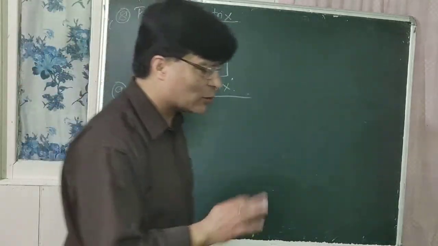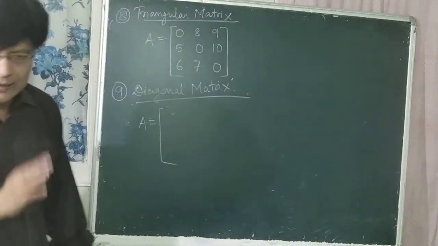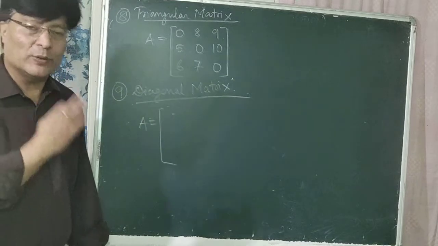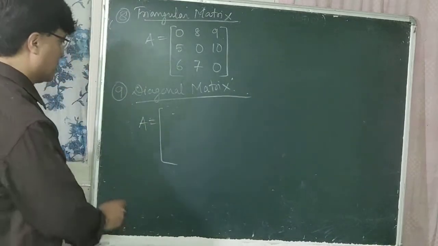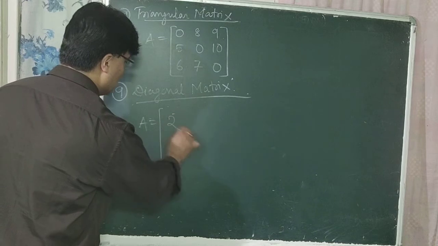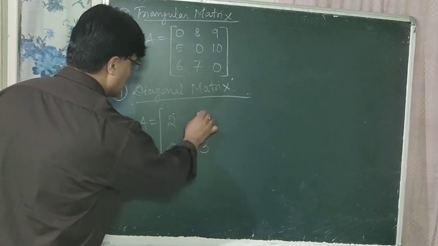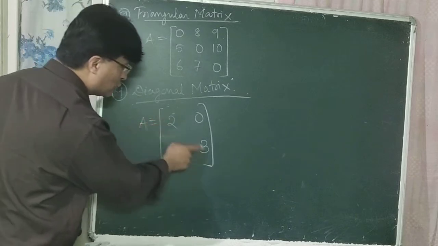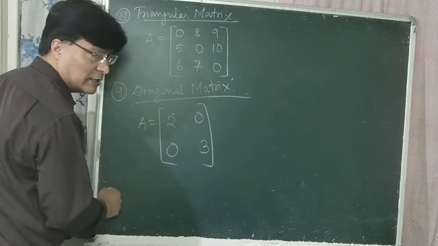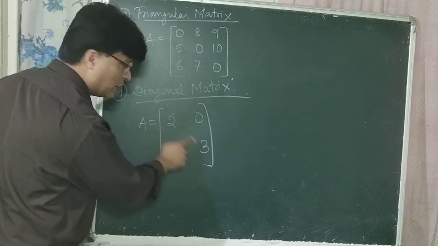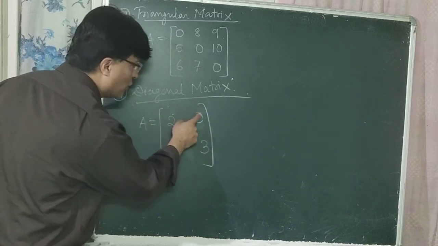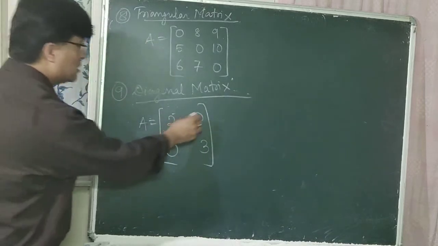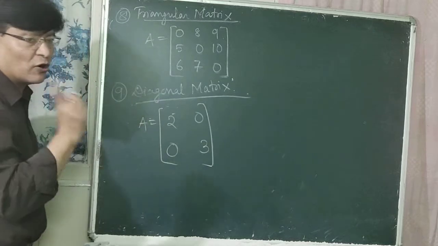In square matrix only you can write down the diagonal matrix. So that is 2, 3, 0, 0. So this is known as the leading diagonal from top to bottom in this direction, that is 2, 3. So these are non-zero elements, but all of the elements are 0 out here. This is known as diagonal matrix of order 2.